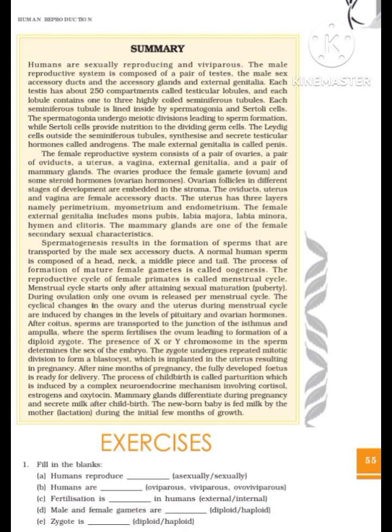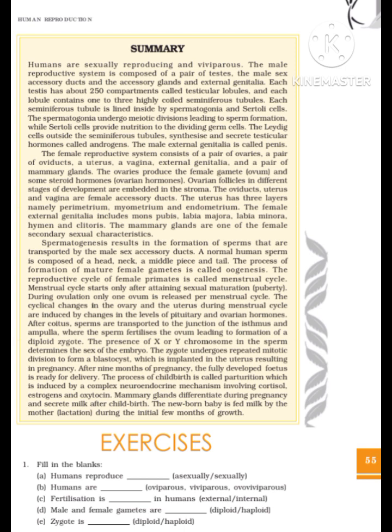The oviducts, uterus, and vagina are female accessory ducts. The uterus has 3 layers, namely perimetrium, myometrium and endometrium. The female external genitalia includes mons pubis, labia majora, labia minora, hymen, and clitoris. The mammary glands are one of the female's secondary sexual characteristics.